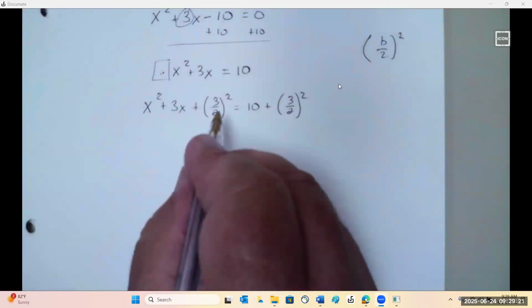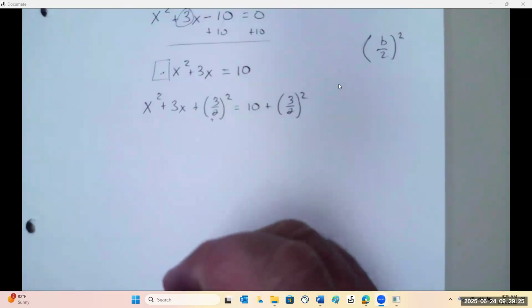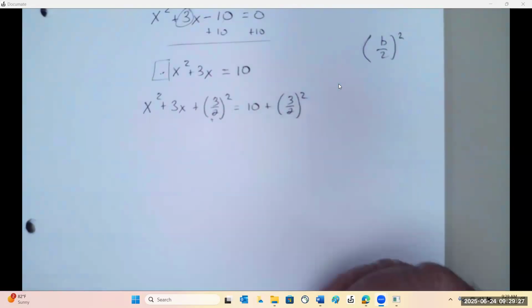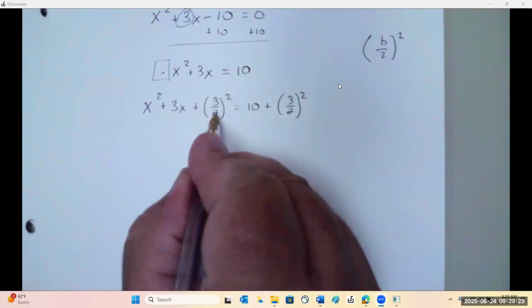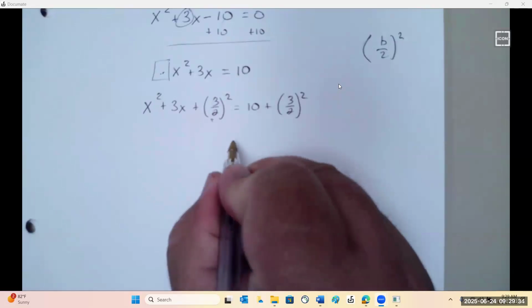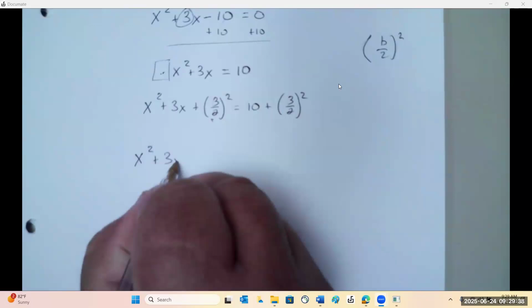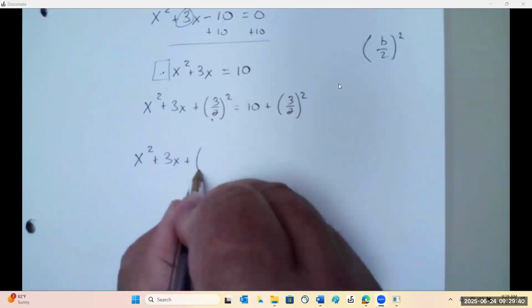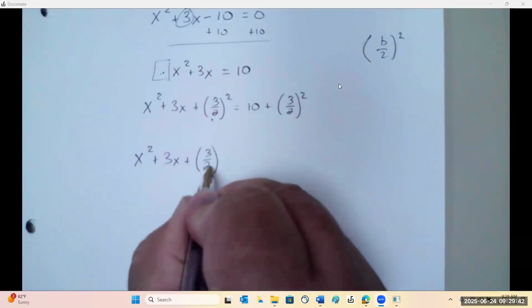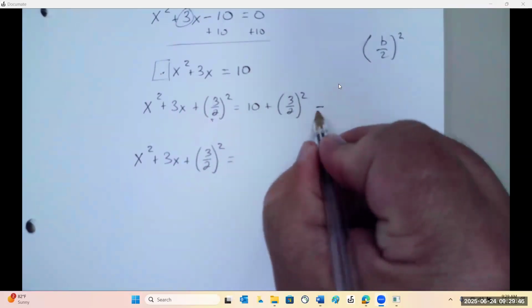On the left side, only do what's inside the parentheses if you can simplify it. Right side, work it all the way out. So I can't do anything here, so that side's done. So I have x squared plus 3x plus (3 over 2) squared. Now this side, I've got to work it out.